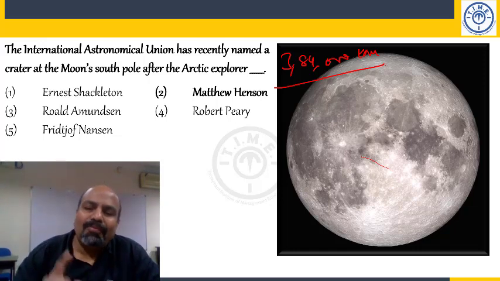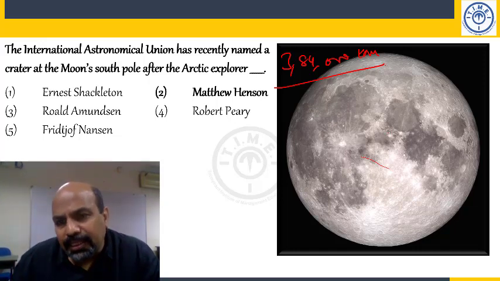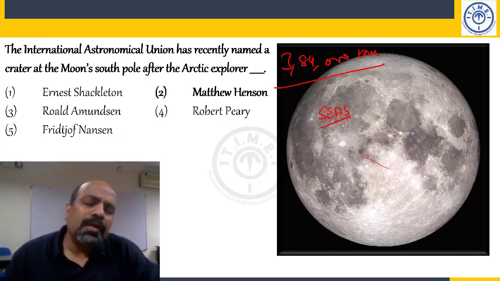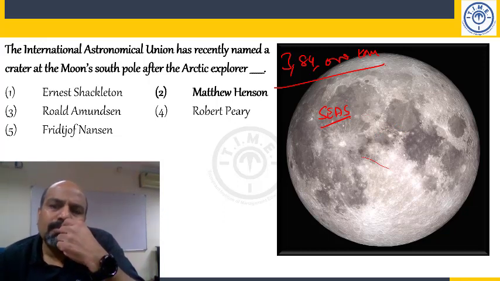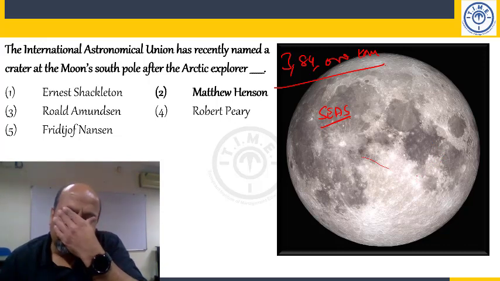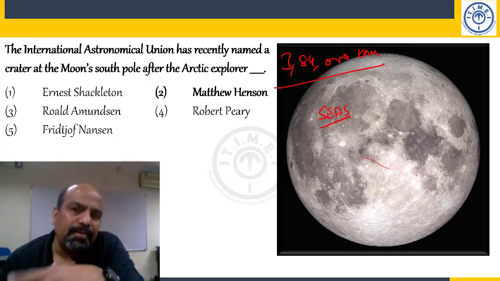You see these dark spots here. These are called seas, samudra. The Greeks believed these are all water. Most of these books are written by Westerners, so obviously we have most of the stuff coming from the Greeks.